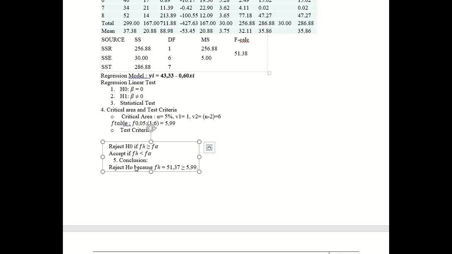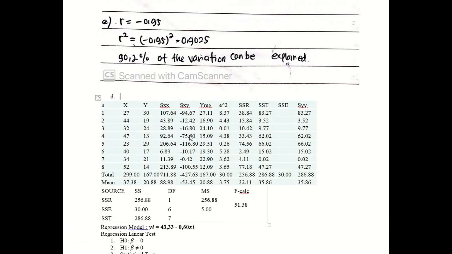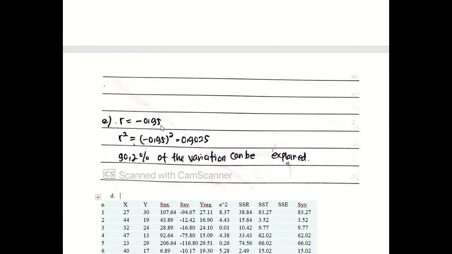Reject hypothesis 0 because Fh, 51.37, is bigger than or equal to 5.99.